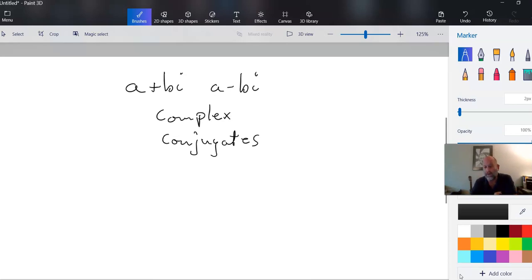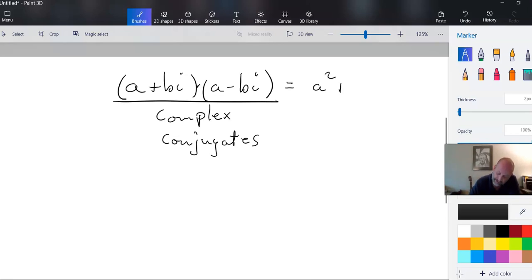And one of the things about complex conjugates is that whenever you multiply conjugates, you always get a real number, right? You get a number that is devoid of an i. So it's actually important when I multiply these two things, right? I end up with a squared plus b squared and no i.